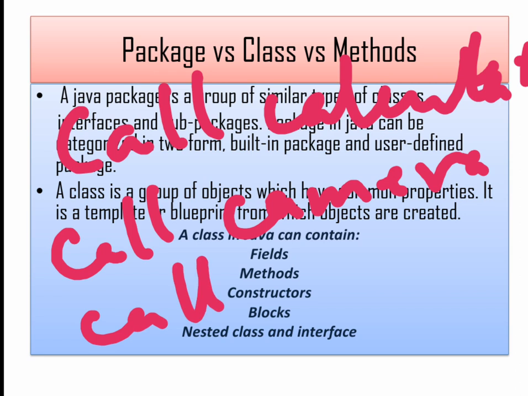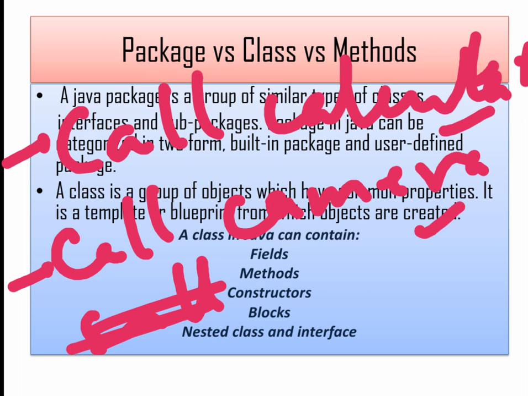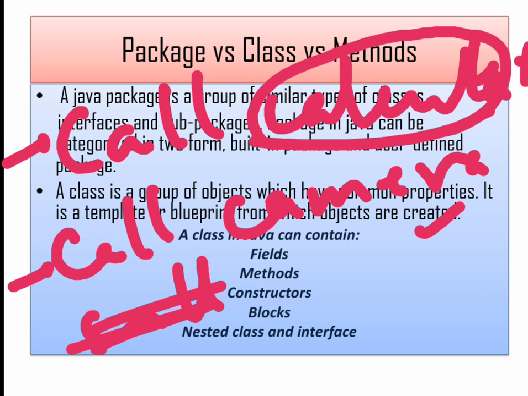Anything else? Tell me something. Okay, let's leave it. There are two functions, calculator and camera. When you need to use the calculator, you just call this function, and when you need to use the camera, you just call this function.